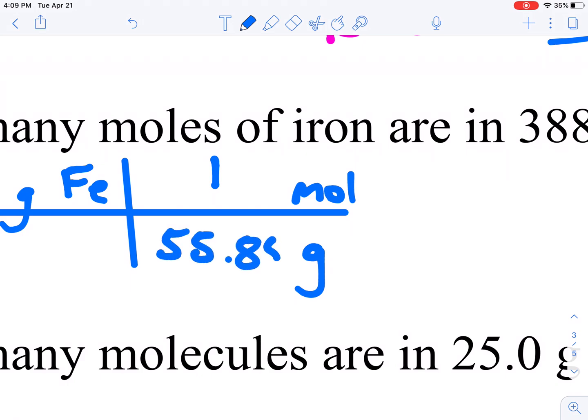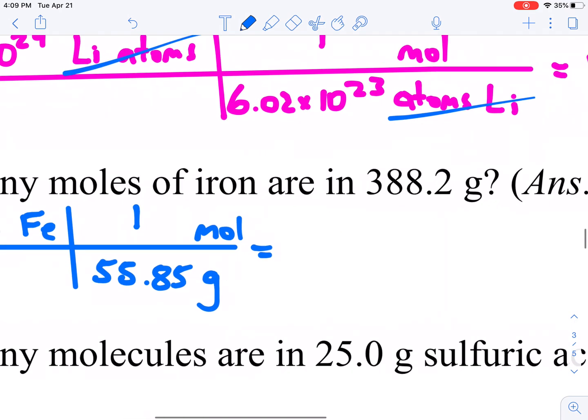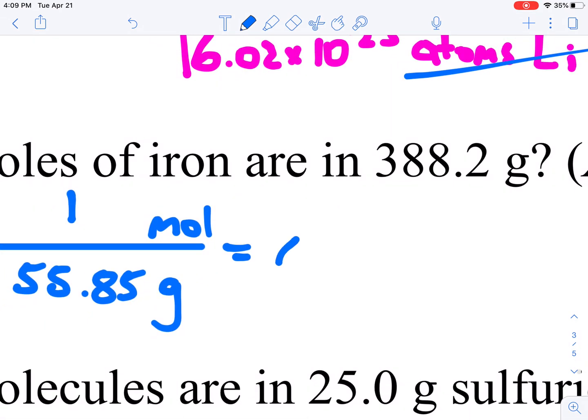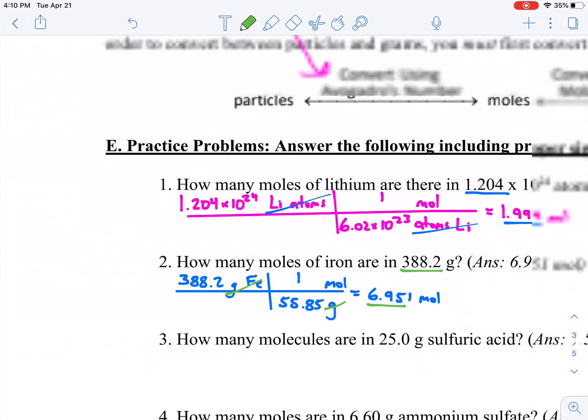That's simply the number beneath iron on the periodic table. If you do that math, you will figure out that you have 6.951 moles of iron in that mass. You'll notice here that our units cancel, grams of iron canceled out, and we started with 4 sig figs, we ended with 4 sig figs.